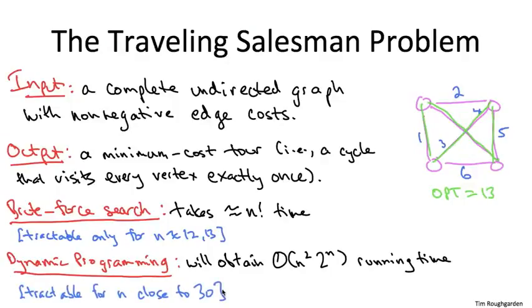So I realize these are still pretty absurdly small problem sizes compared to the size of the arrays that we can sort, compared to the size of the graphs on which we compute strongly connected components or shortest paths, but that's how it goes with NP-complete problems. You have to work pretty hard even to solve modest-sized problems. So at least this dynamic programming algorithm proves the point that even for NP-complete problems, there are opportunities to improve over brute force search, and the programmer toolbox I've already equipped you with is sufficient to make some of those improvements.